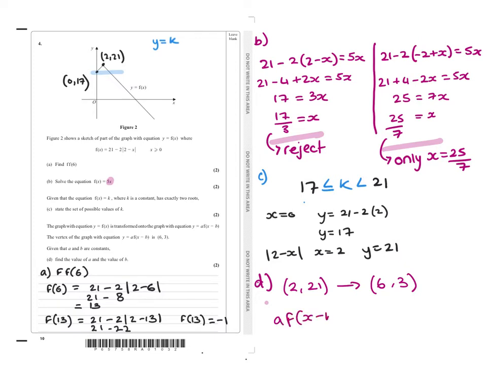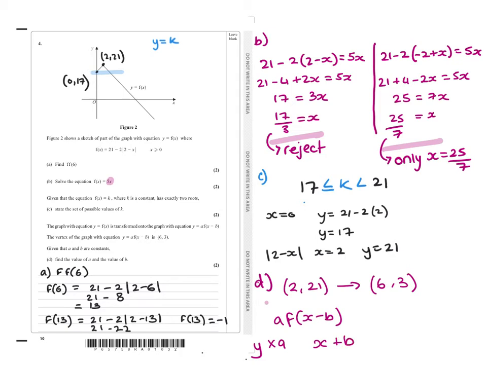Now, first of all, af of x minus b. Okay, is a inside or outside the bracket? Outside. Who does it affect? y, and what do we do to our y coordinates? We multiply by a. So y multiplied by a. Okay? Is b inside or outside the bracket? Inside. What do we do to our x coordinates? We add b.